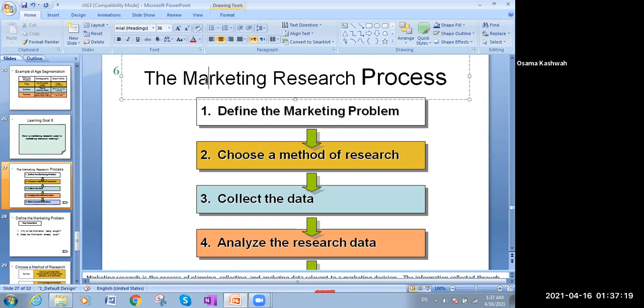Who is responsible for this process? Research and development, R&D, because they collect data from the consumer about the degree of satisfaction and about any suggestions or opinions the consumer has to improve and evaluate this product. So we asked the consumer, and he said, I wish there was a computer or laptop on my phone.